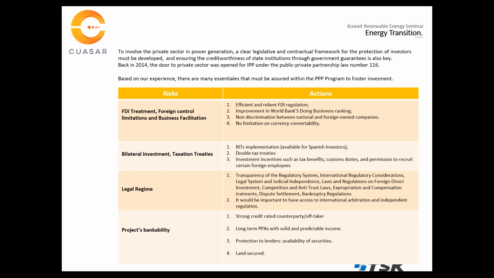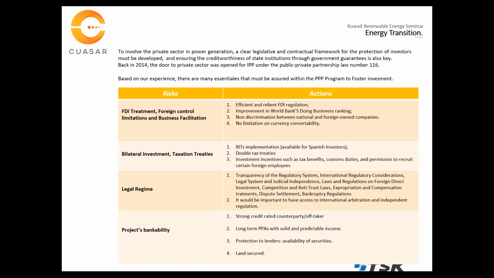These two previous issues that we discussed are highly dependent, of course, on the political will of the country to achieve and deploy renewable energies. And it's critical also to understand the transparency of the legal regime, and other issues need to be fully understood, like, for example, expropriation and compensation treatments that we've also seen in an article in the PPP law, in order to give investors enough security.